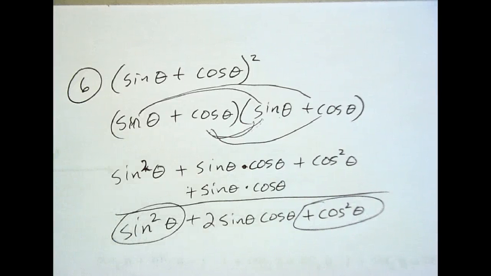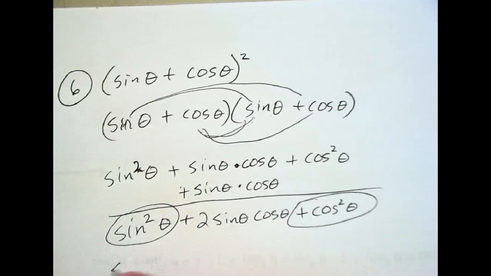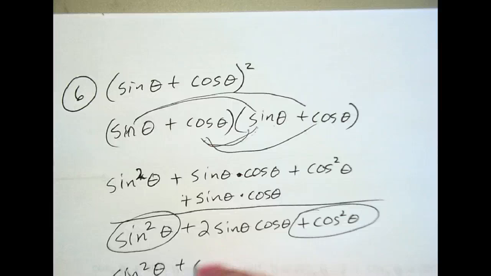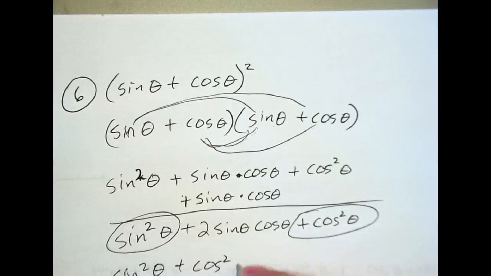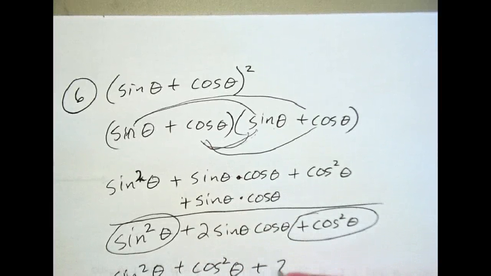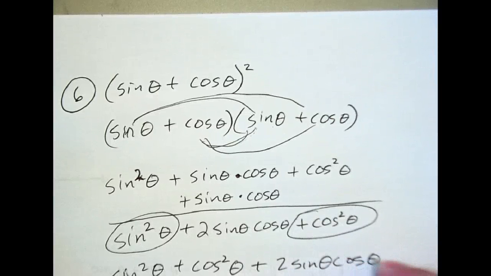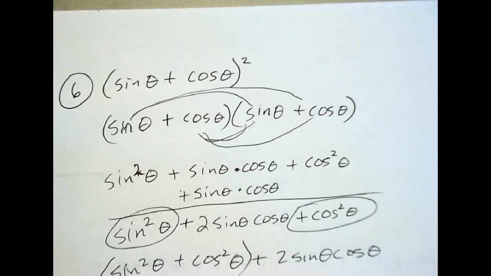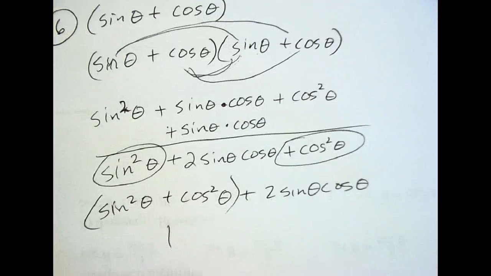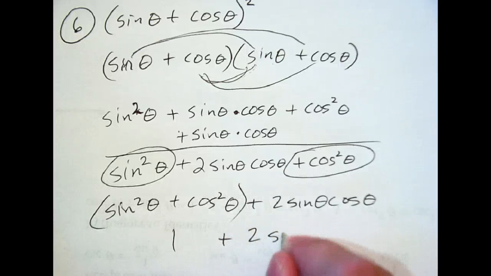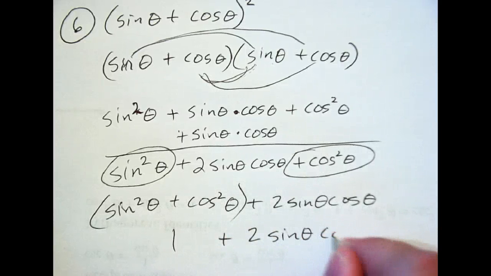What does that equal? That equals 1. That's a Pythagorean identity: sine squared theta plus cos squared theta. Remember, you can add in any order, so I'm going to put those next to each other, plus the 2 sine theta cos theta. So this part right here equals 1. So now I'm left with 1 plus 2 sine theta cos theta.